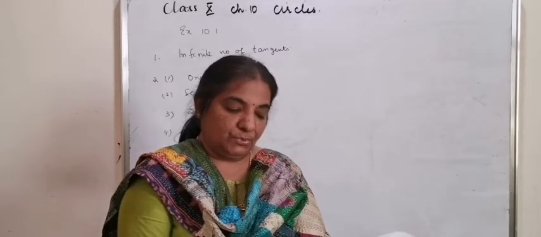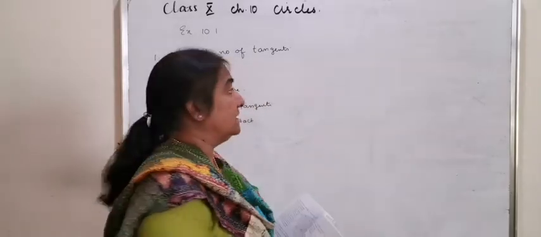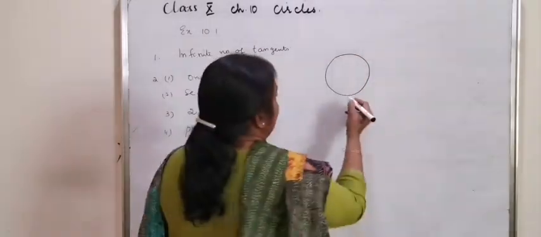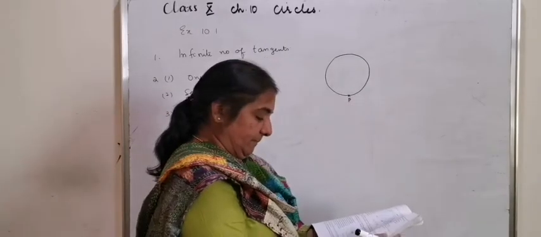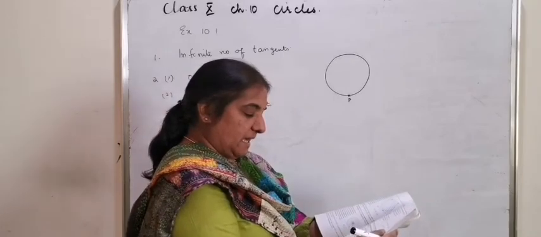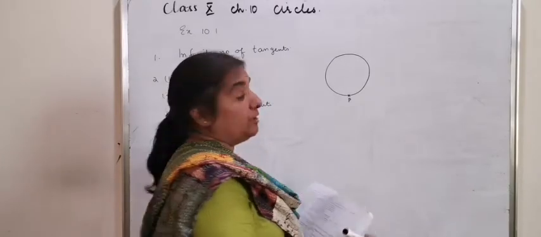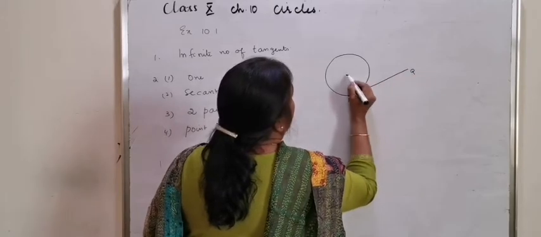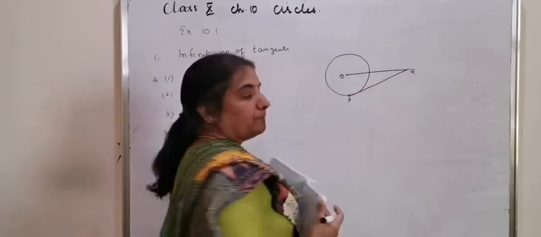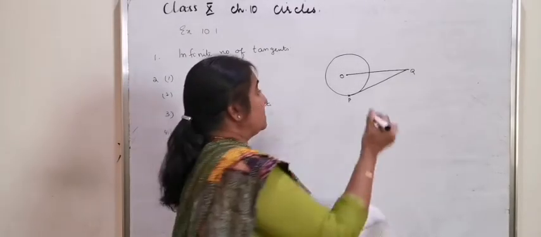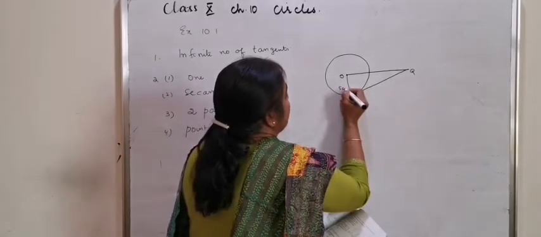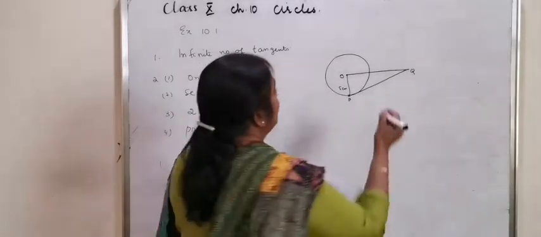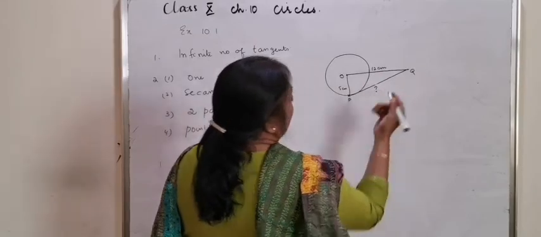Read the question carefully. A tangent PQ at a point P of a circle of radius 5 cm meets a line through the center O at the point Q. The tangent is PQ, and the line passes through the center O. The radius of the circle is 5 centimeter, and the distance OQ is equal to 12 centimeter. Find the length of PQ.